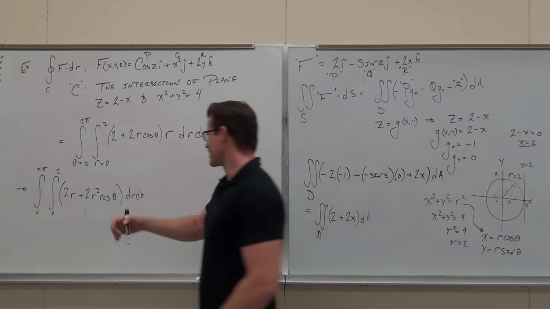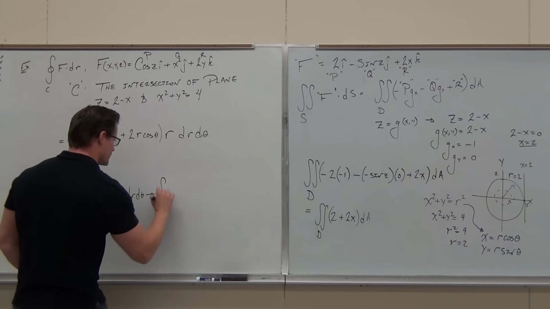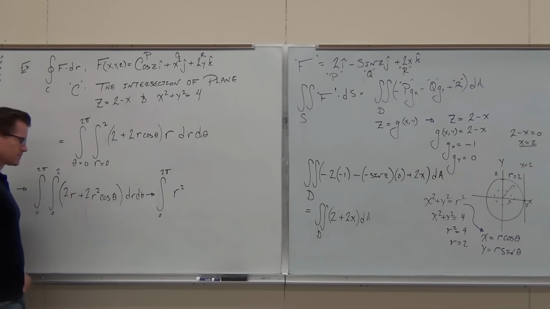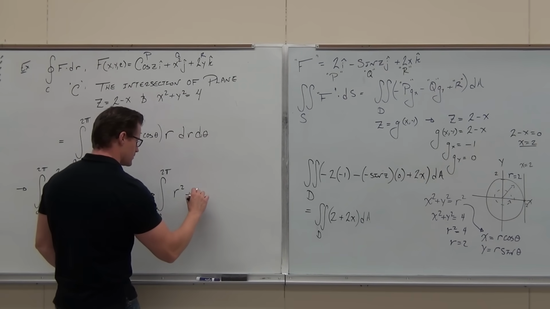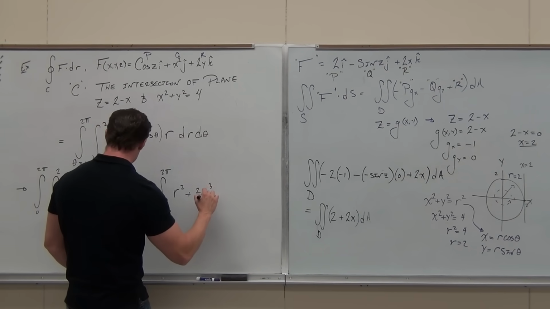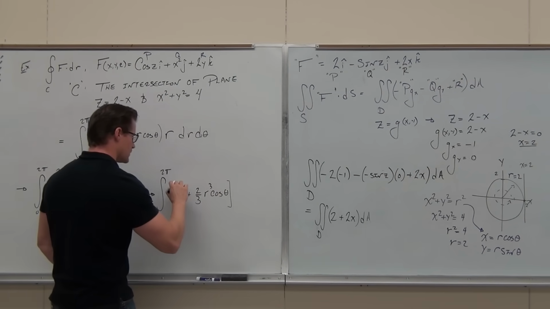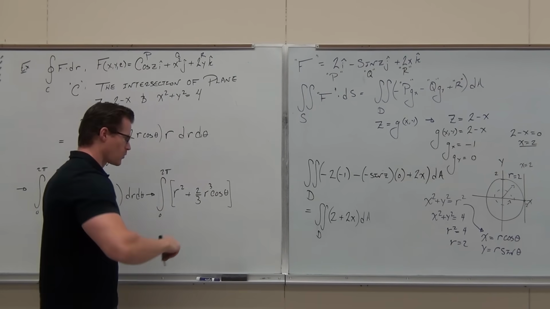What would I get when I start integrating? R squared. And? 2/3 R cubed. Okay, right-siders, we're plugging in for what variable, please?